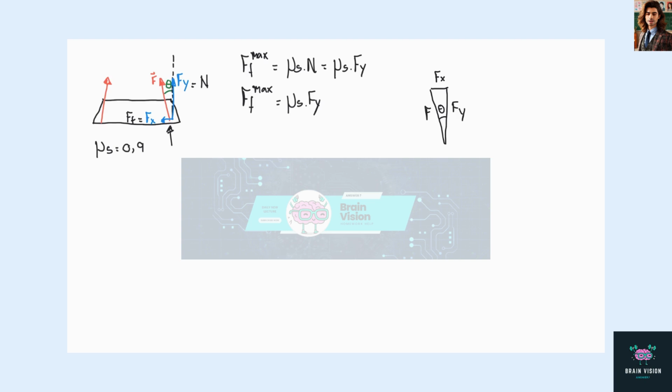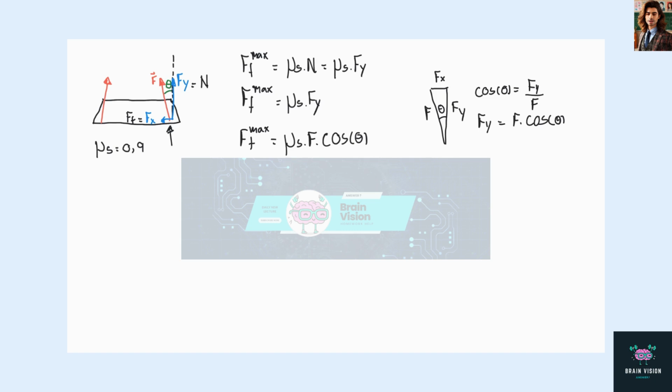Then we can use the cosine of theta to calculate F component Y. The cosine of theta is equal to F component Y divided by F, which is the adjacent side of the triangle divided by the hypotenuse. Then F component Y is given by F times the cosine of theta. Therefore, the maximum frictional force is given by mu static times F times the cosine of theta.